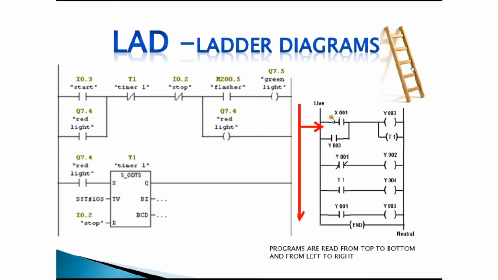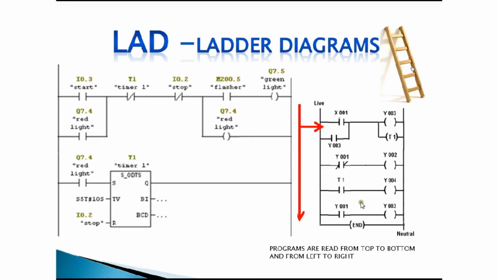The reason it's called a ladder diagram, if you look at it, is that it has rungs. Each rung represents a different line of programming. So if you look at the diagram in front of me, I've got the first rung where I've got two inputs in parallel, an output coil, and an output timer.